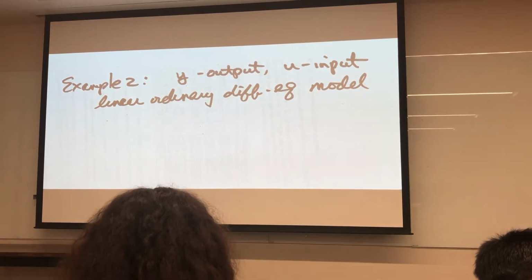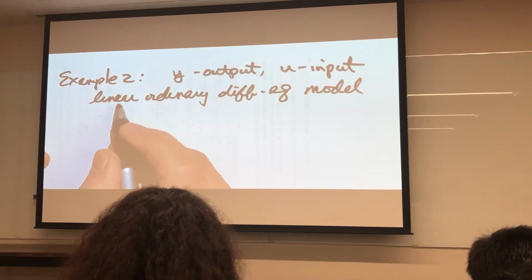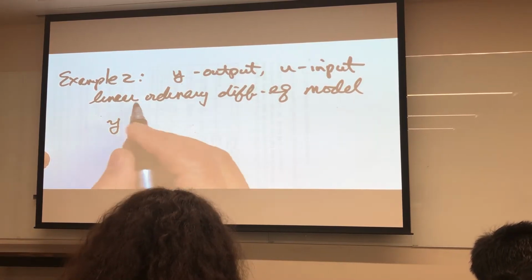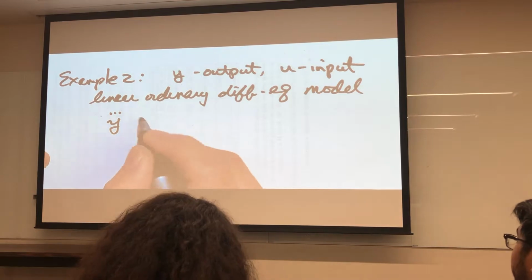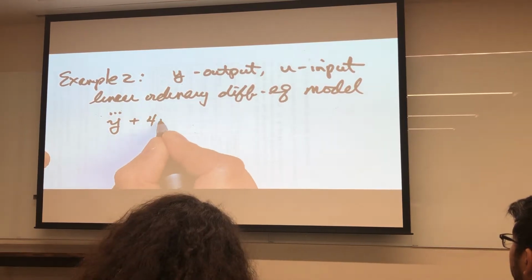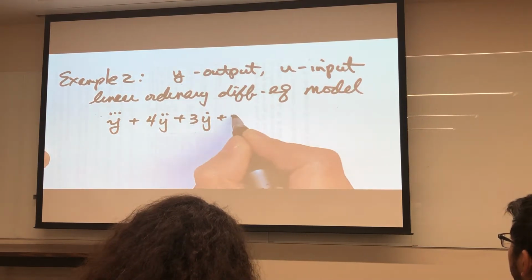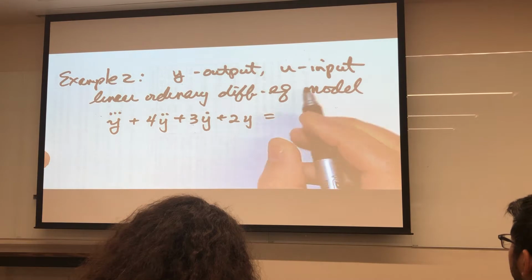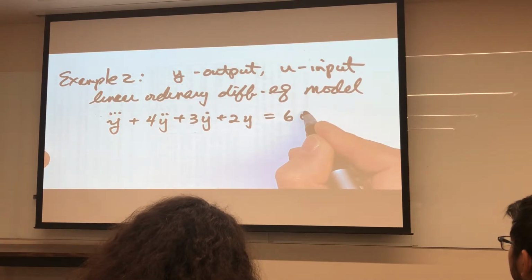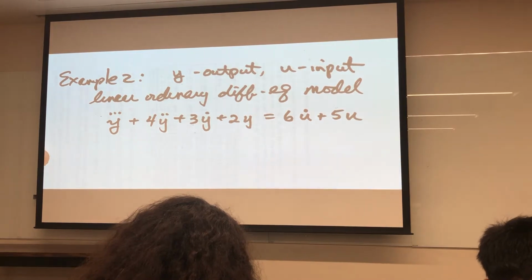And the model might be, now I'm just going to dream one up out of my head, y triple dot plus 4y double dot plus 3y dot plus 2y is equal to 6u dot plus 5u, something like this.